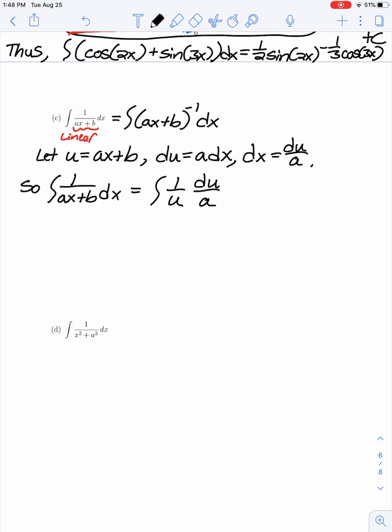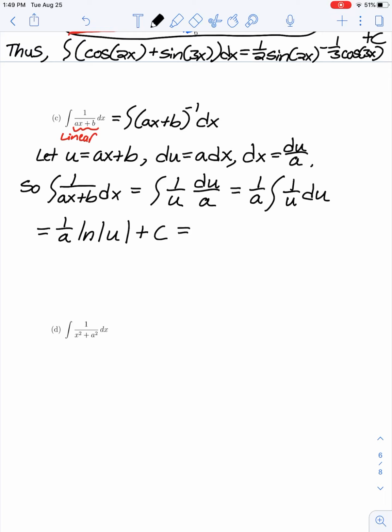So I can pull out a constant of 1 over a in front of the integral, and I'm left with 1 over u du. And we know what the antiderivative of 1 over u is. So we've got our constant 1 over a, and the antiderivative of 1 over u is the natural log of absolute value u plus some constant c.